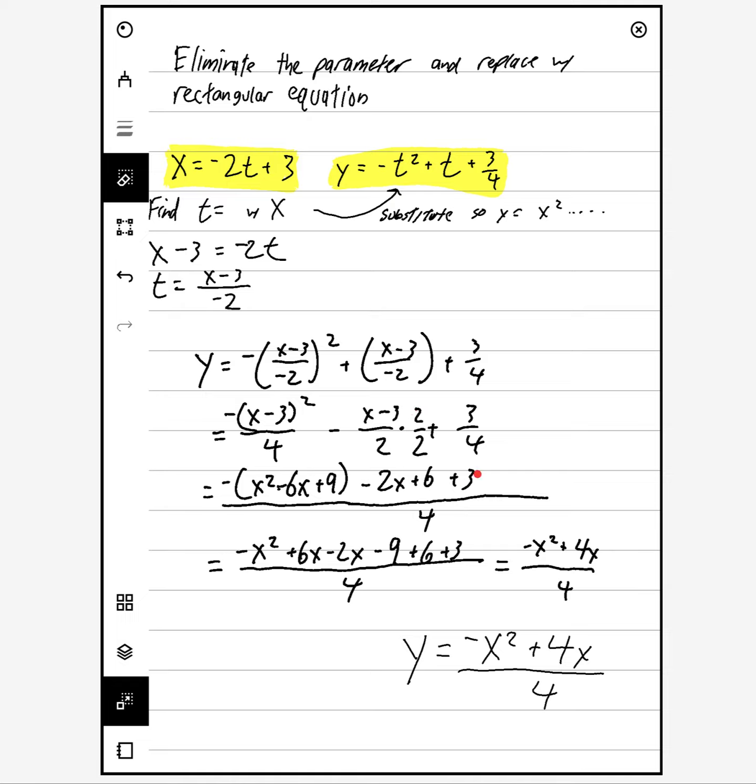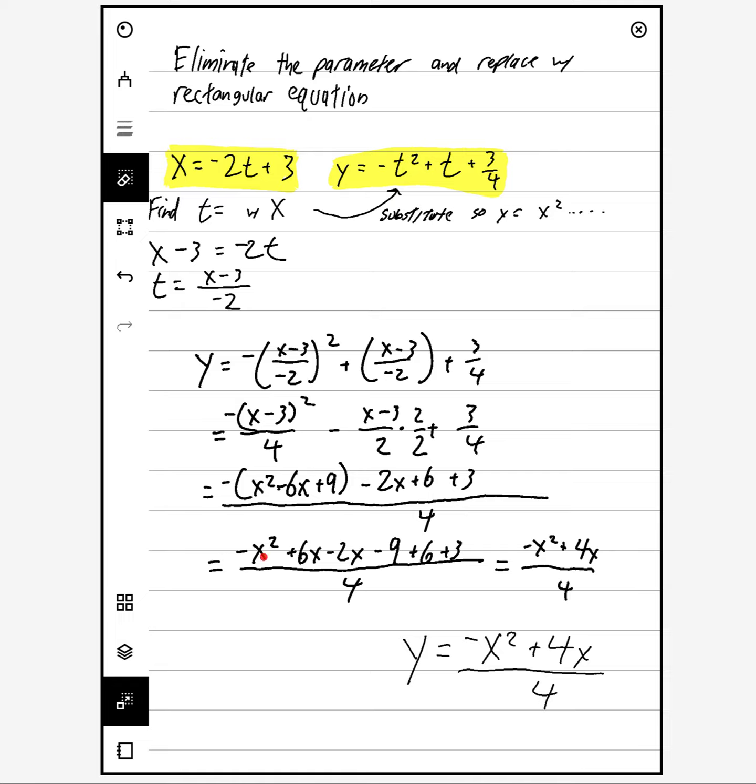And then plus 3. Okay, what we're going to do next is distribute the negative sign to all of this. So I'm going to get negative x squared. That negative becomes plus 6x, and that plus becomes minus 9. And then I bring the negative 2x over to here so that the x's are together. And then the 9 is with all the other 6 plus 3.